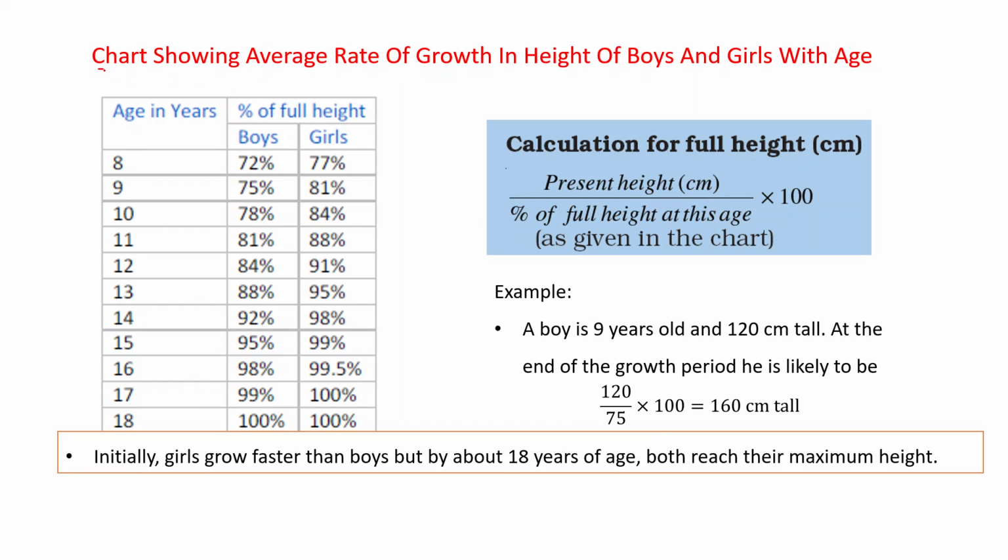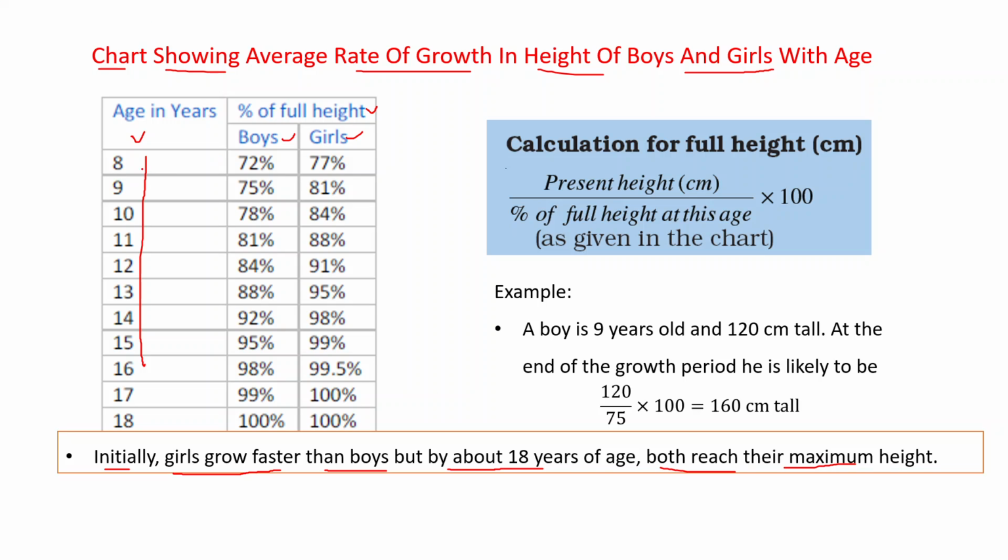Now, this is a chart showing the average rate of growth in height of boys and girls with age. You can see age in years given, and this is the percentage of full height for boys and girls. If you see this chart carefully, you can find that initially girls grow faster than boys, but by about 18 years of age, both reach their maximum height.